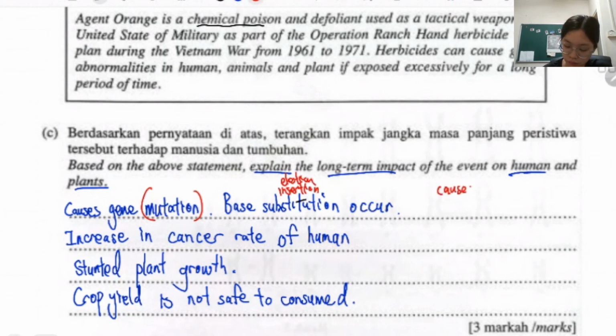Causes gene controlling the cell cycle to be disrupted. Actually, if we learn G1, S, G2 phase, there are DNA checkpoints.